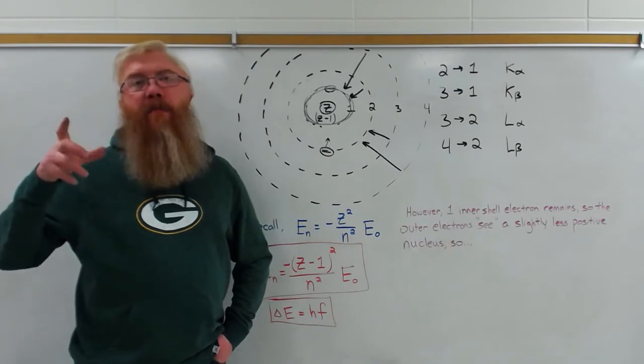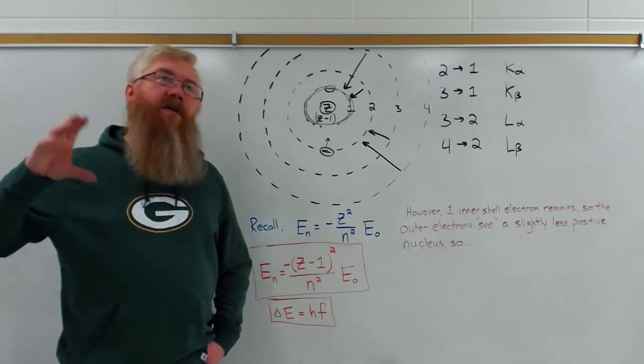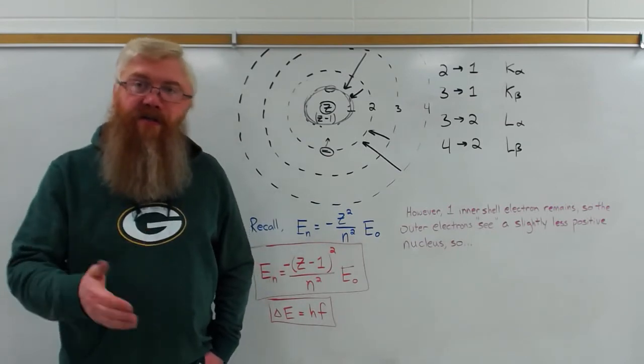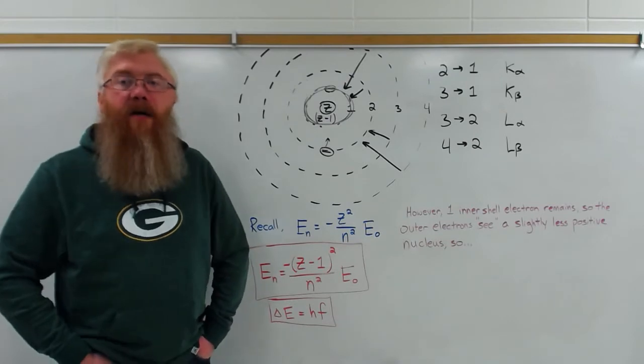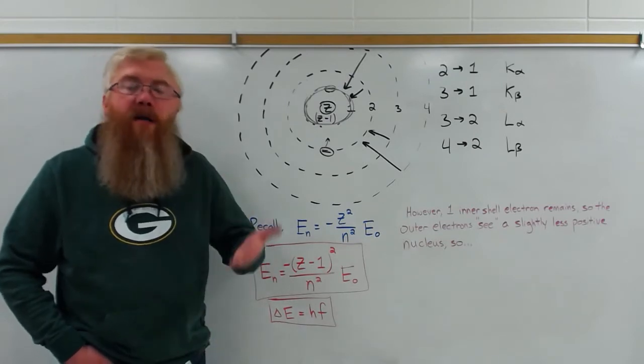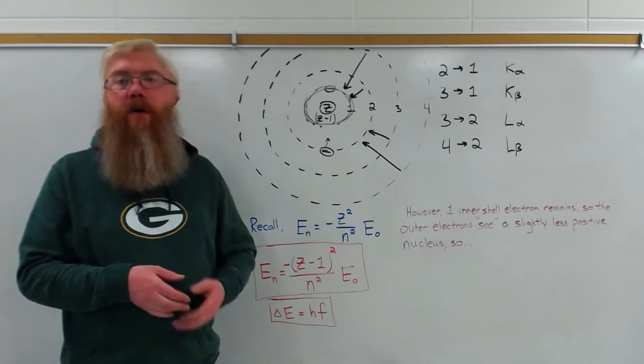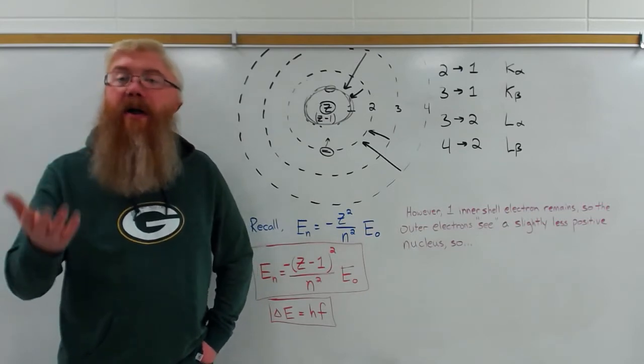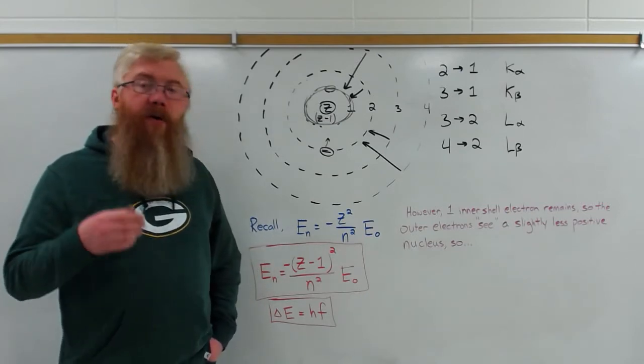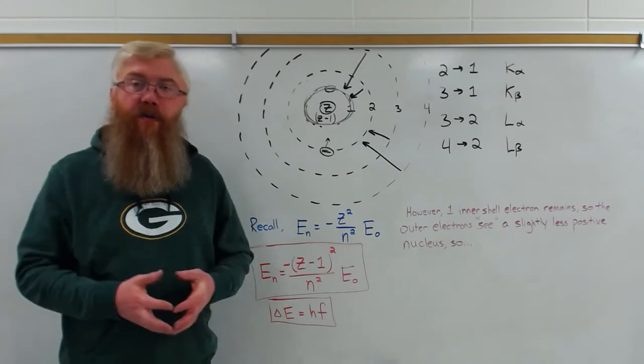So it's proportional to the square of Z, or the square root of the frequency is proportional to Z, as shown in this Moseley plot. And incredibly useful for the periodic table. X-rays also, we'll learn, are very useful in talking about crystals, and we'll talk about that in a bit.